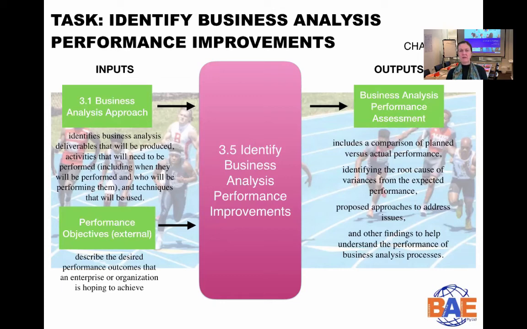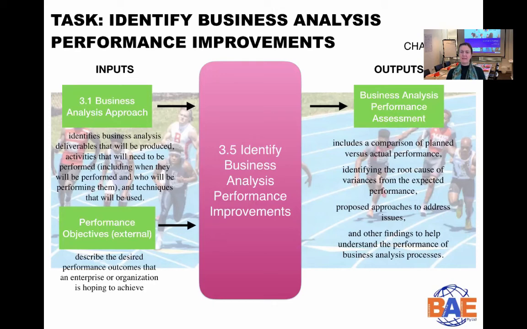So you can say, okay, so we didn't quite achieve the level of deliverables or timeframes or content or scope that we were hoping to be able to achieve. And these are the root causes for that. So we've done a bit of a root cause analysis as part of this assessment. It also gives some ideas for how do we actually address some of these issues that we've identified.